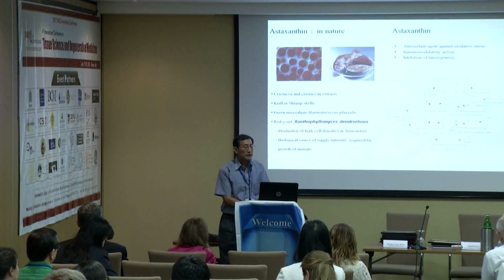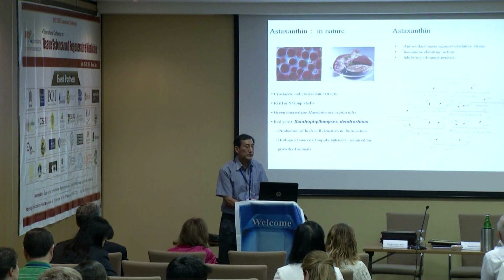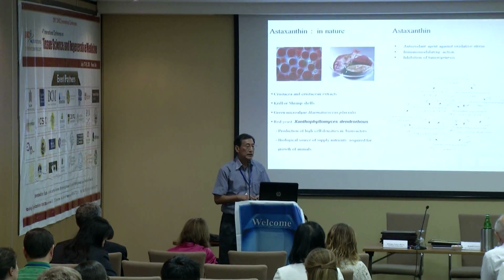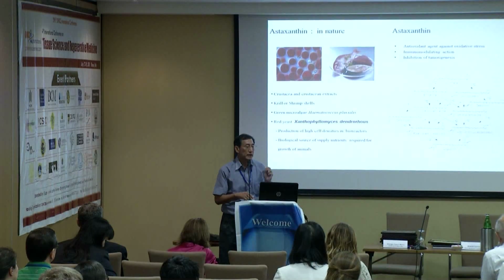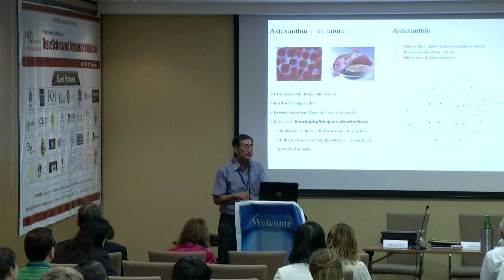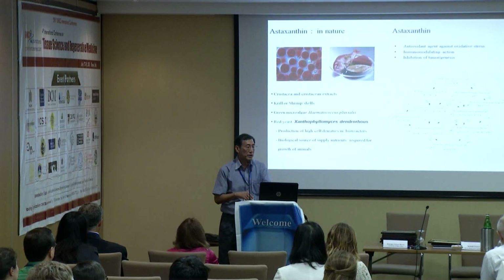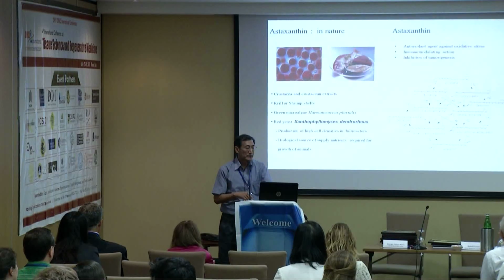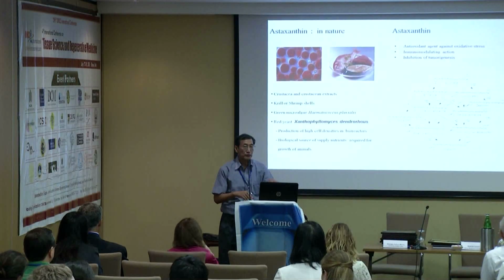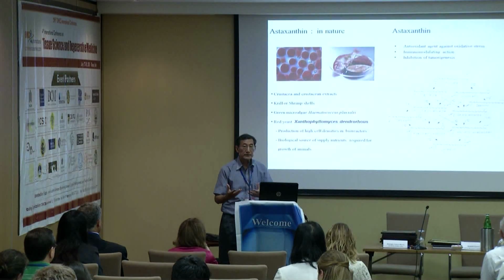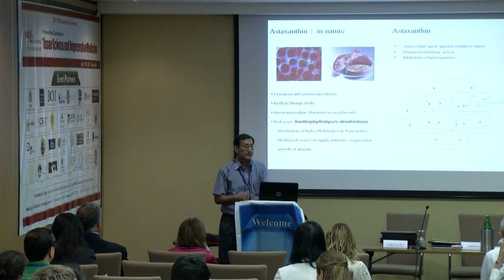And in my lab we isolate natural pigment. Astaxanthin is rich in nature, in shrimp, green microalgae, or red yeast. Especially in my lab, Xanthophyllomyces dendrorhous is a red yeast that produces astaxanthin.